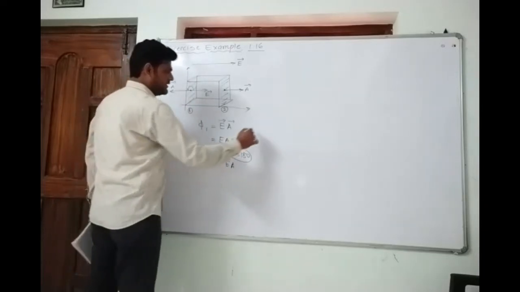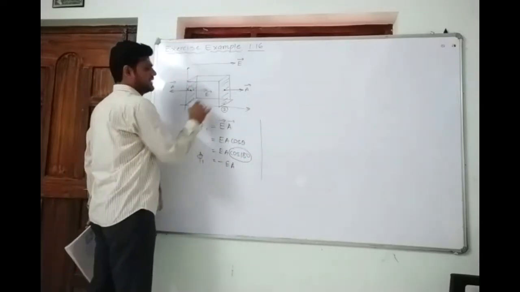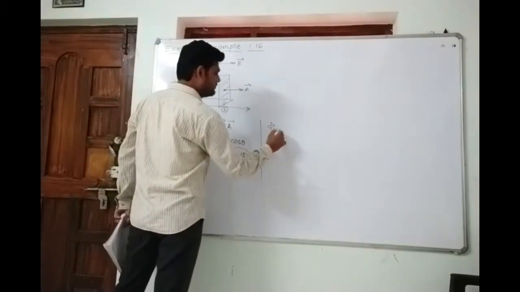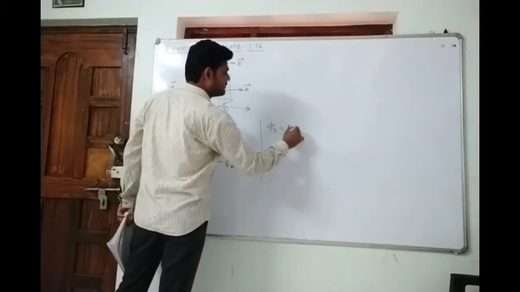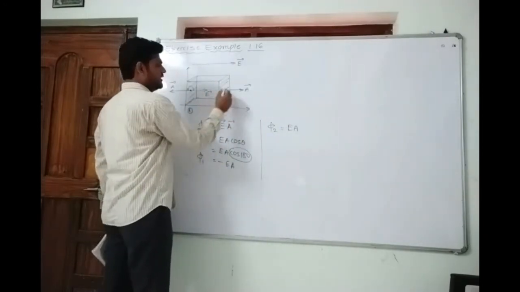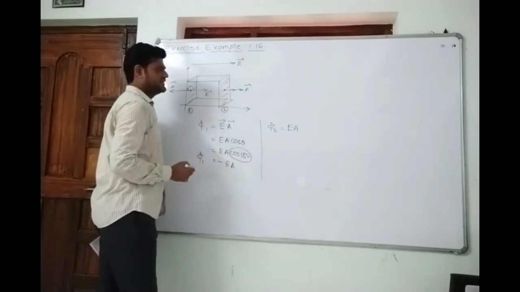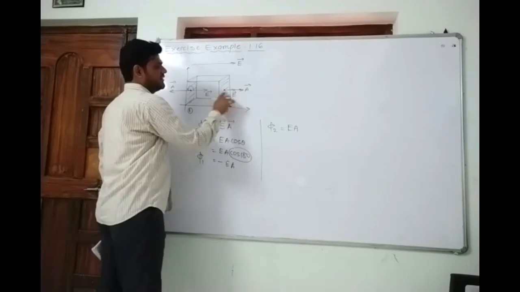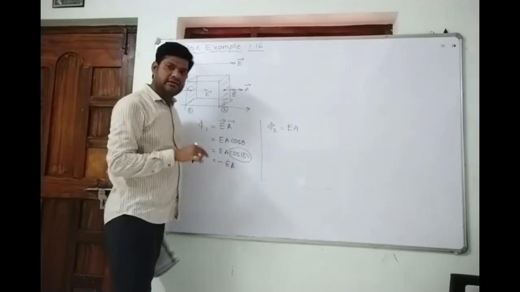Next, the flux linked with the second face we calculate with the formula phi 2 equal to E into A. The same electric field is linked with face 2, in the direction along the x-axis. Here is the E vector and here is the A vector. E vector and A vector are now parallel.